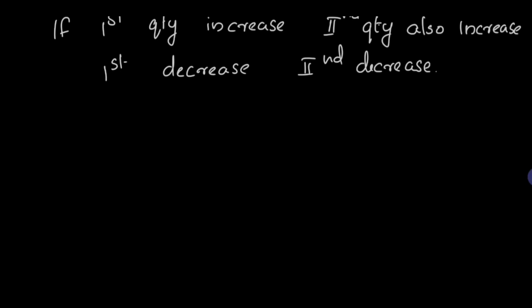This is known as direct variation. An example is constant speed.